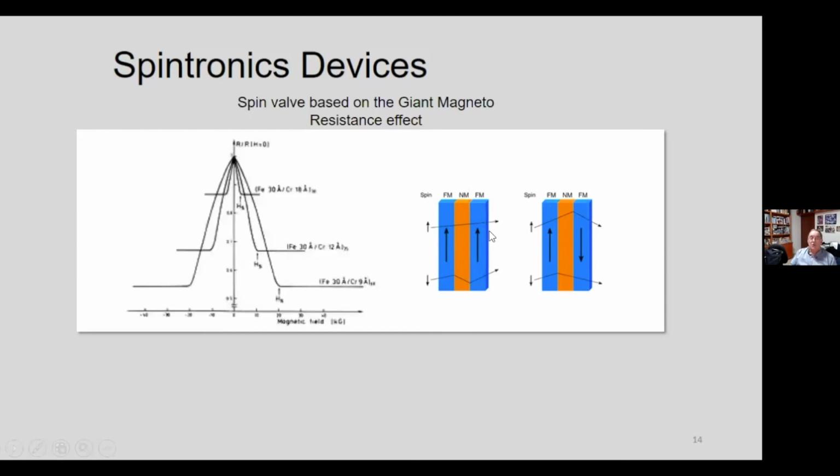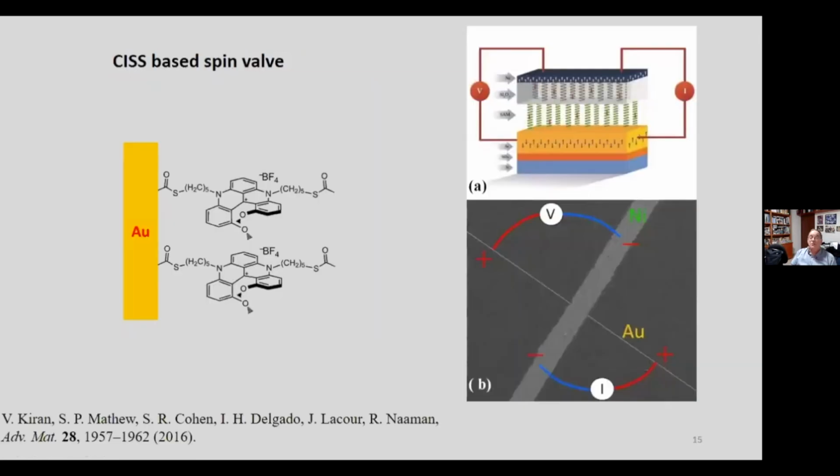And therefore, we see that the resistance depends in a symmetric way on the magnetic field. It doesn't matter if these two magnets point up or down together. In both cases, we get low resistance. We are going to present a CISS-based spin valve. So what is the idea here? Here we use chiral molecules. Instead of one ferromagnet, we use chiral molecules. These chiral molecules polarize the spin.